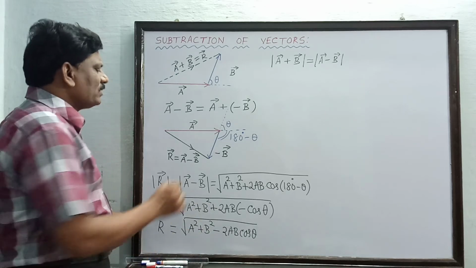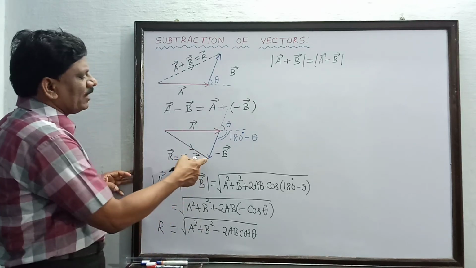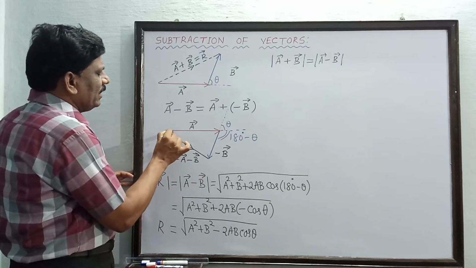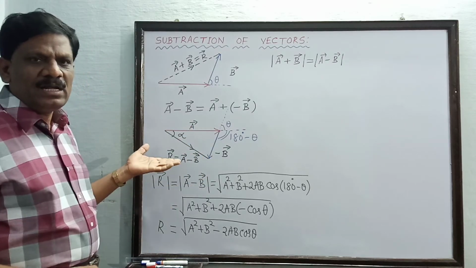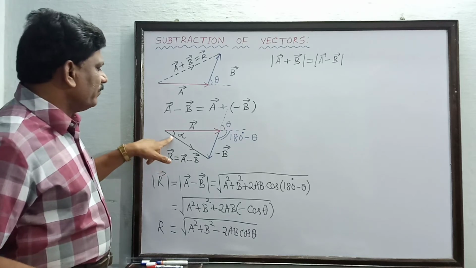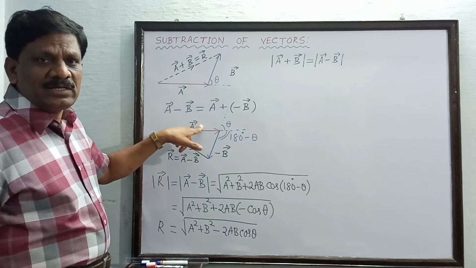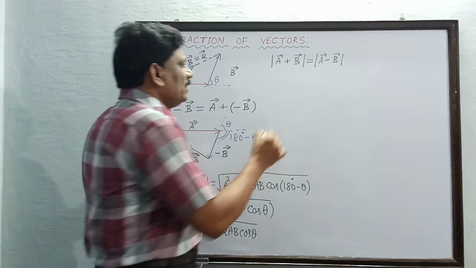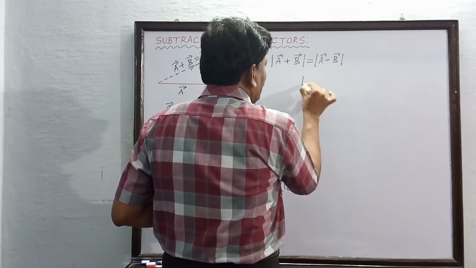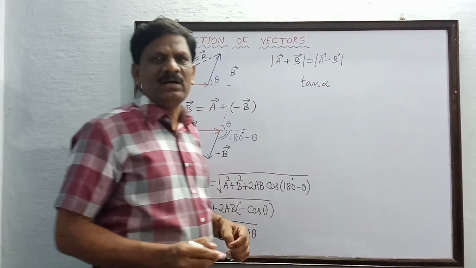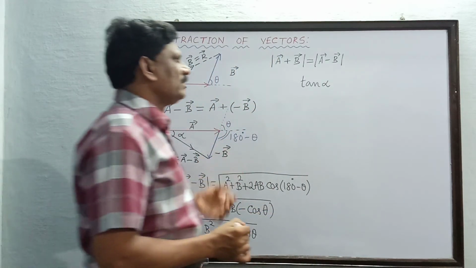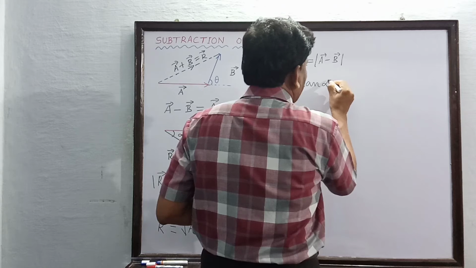Now, suppose you take the resultant vector. Okay. The resultant vector here is making an angle alpha with respect to the horizontal vector, namely a. Then, earlier for sum of the two vectors we have studied one expression for tan alpha. In that we are going to substitute for negative of the vector.